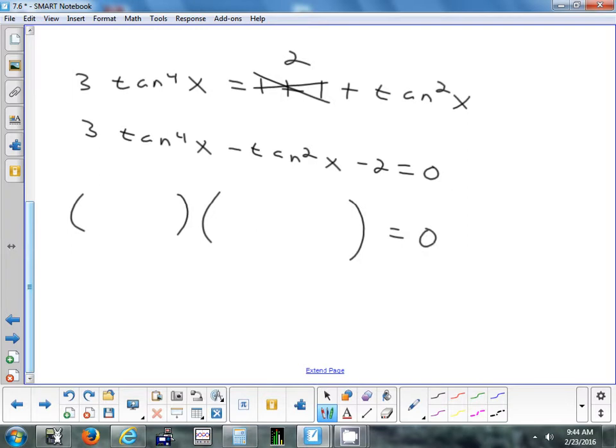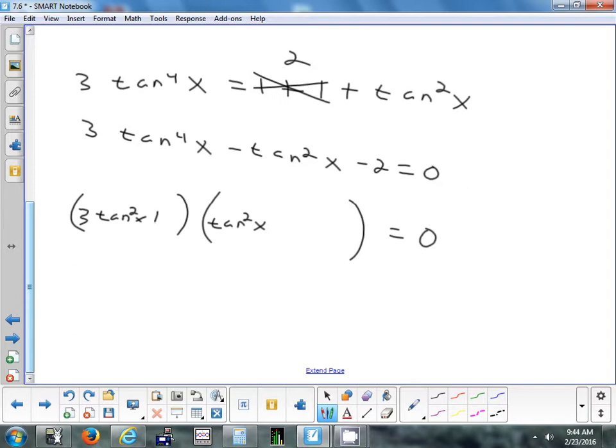What do you think my first term would be? I'll give you a hint: 3 tan squared. My second term, tangent squared. What about my signs? We're going to need a plus and a minus because you're going to multiply 2 numbers to get a negative.